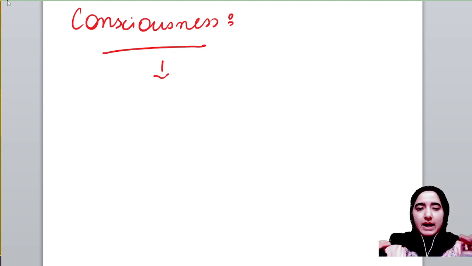Say for example, I will try to explain it through an example. An organism is living in a hot place, for example Rajasthan. In Rajasthan, they just want to live inside their houses in order to protect themselves from the environment's harsh conditions.